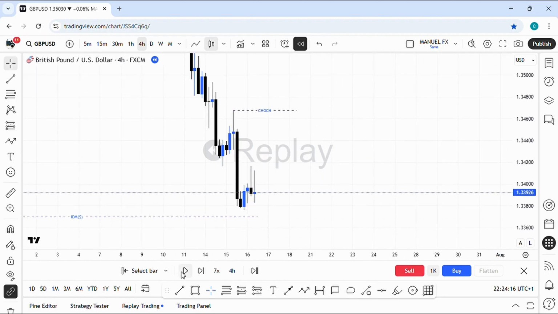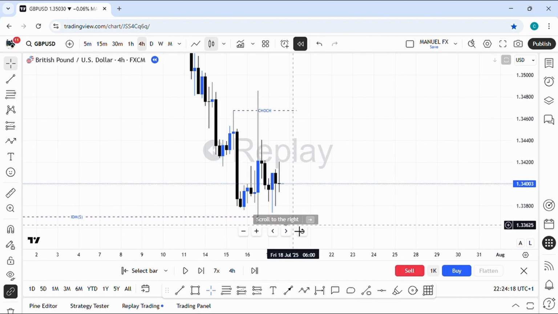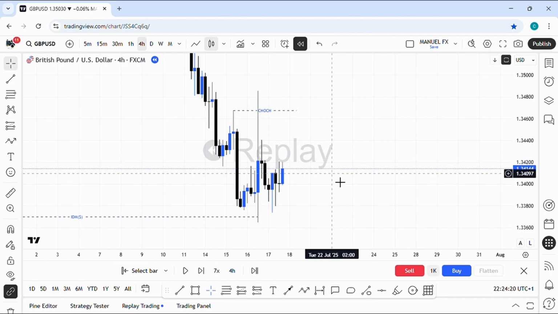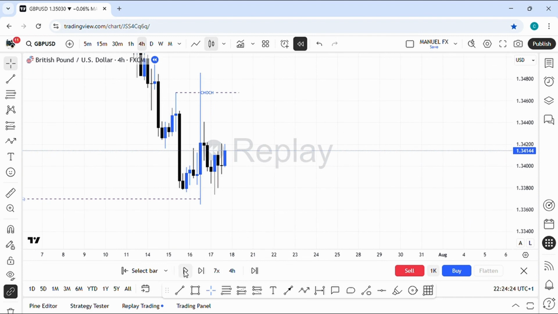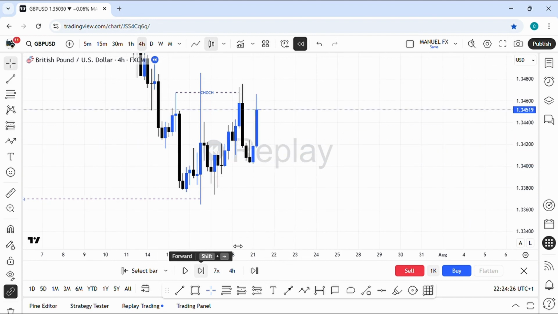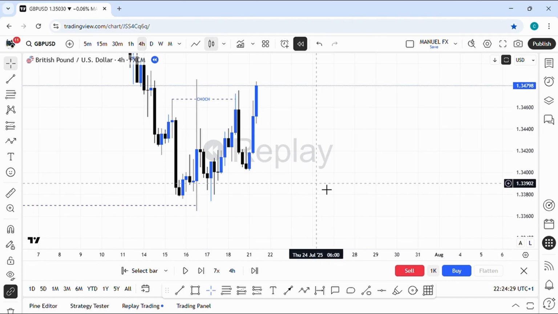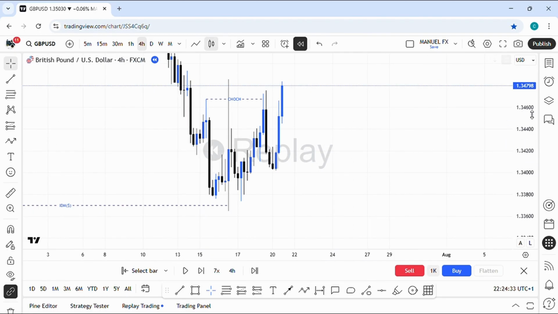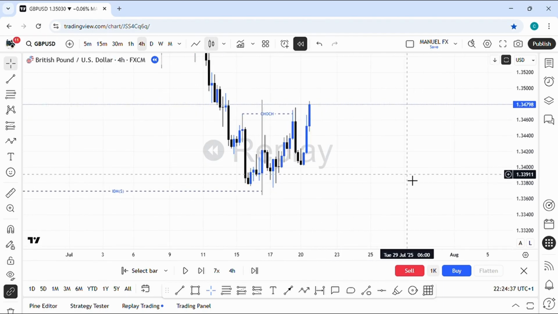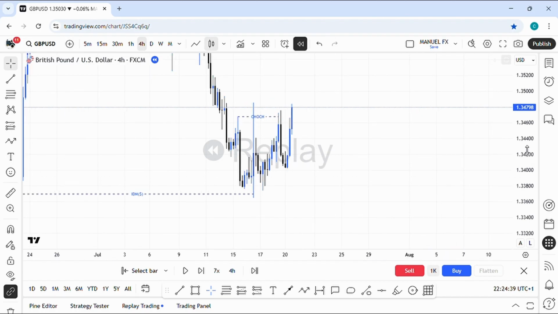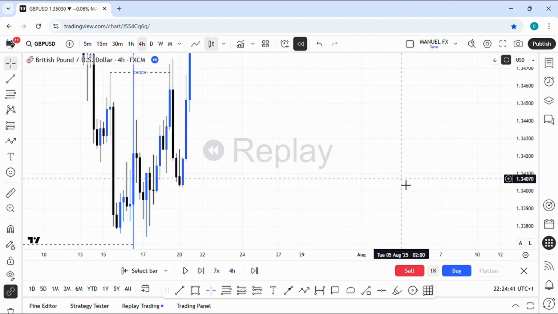Can you see? Price takes out this high, so it becomes our change of character. Price has changed character to the upside.